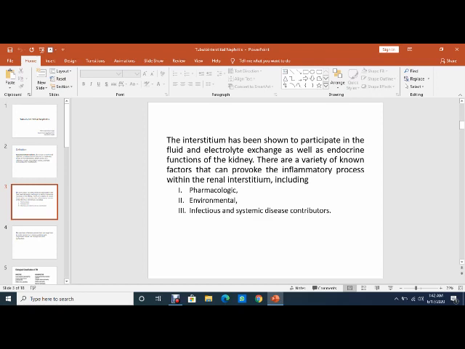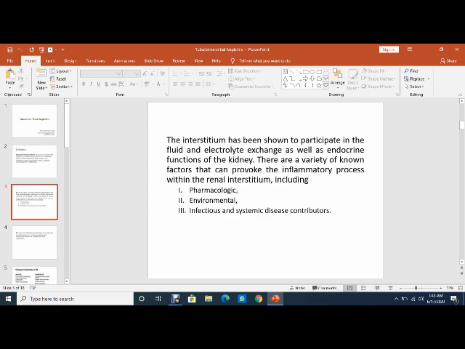The endocrine kidney functions are the activation of vitamin D, the active form of vitamin D that is called 1,25-dihydroxycholecalciferol, and the production of the erythropoietin hormone, so the patient does not experience anemia, and renin secretion. So this is the endocrine function of the interstitium.